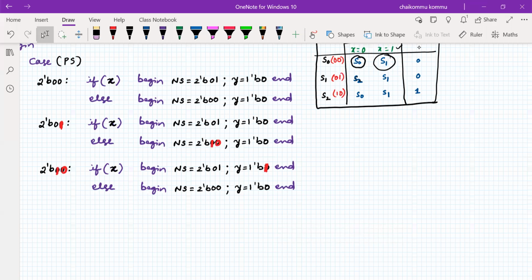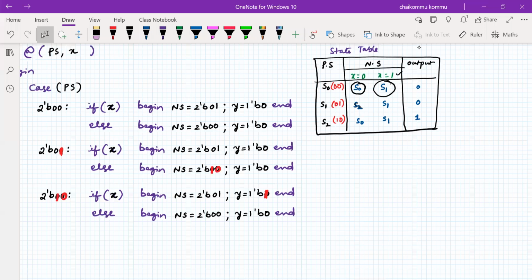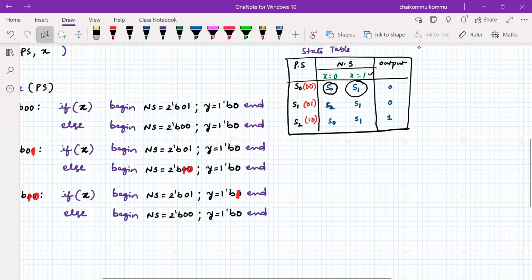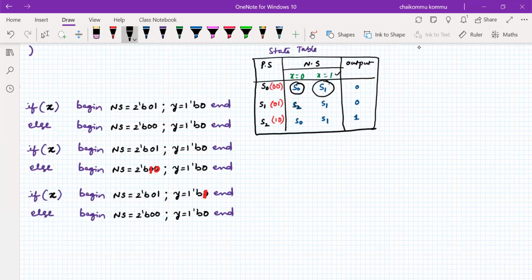Actually, the output we are not mentioning properly. We have to mention the output in a different way. The usual notation is something like this. Instead of taking the output this way, please remember, we have to mention the output in this method.